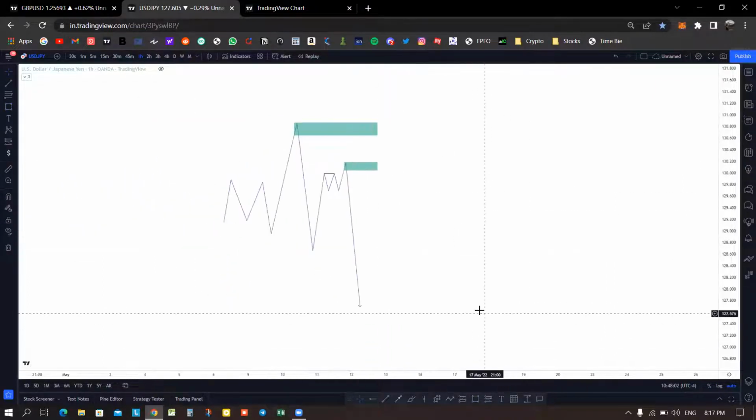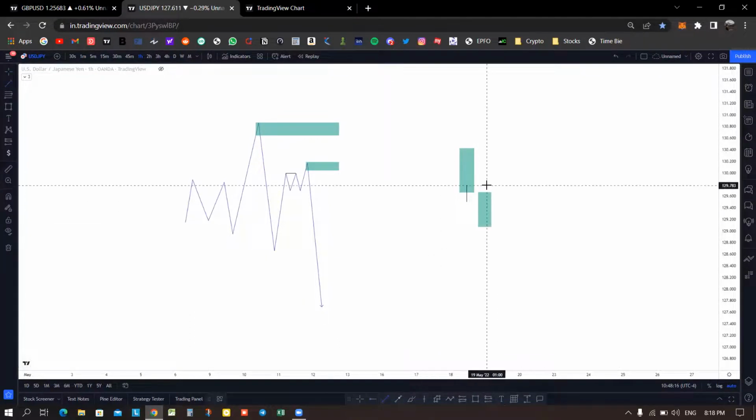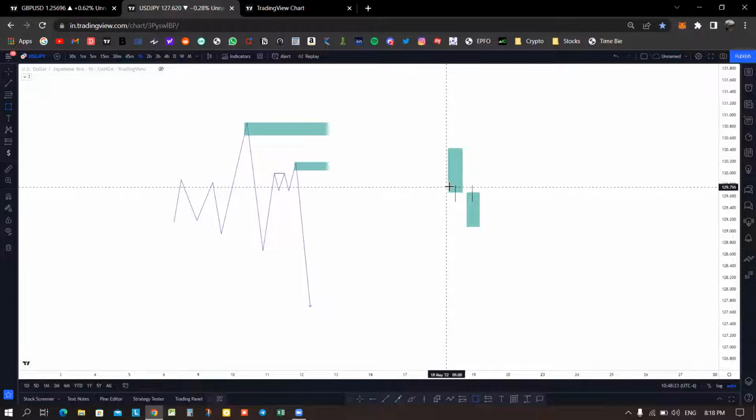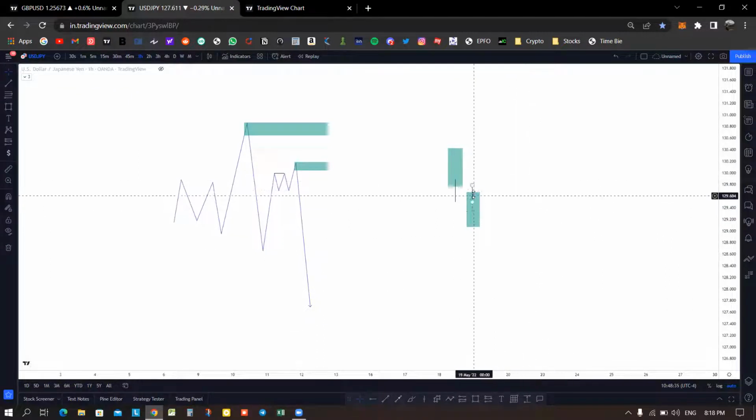And there is another thing, the kissing candle theory. This is the most strong zone.